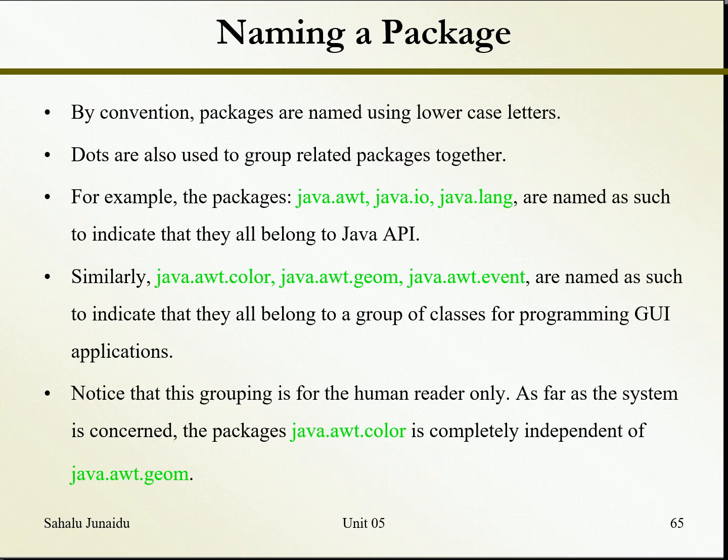So similarly, when we are dealing with something like this with geometry, we can say AWT, that is Abstract Windows Toolkit, especially when we come to do GUI. We will see where if we want to give a color to a text field or give a color to some components, we can call this. So later we're going to see.